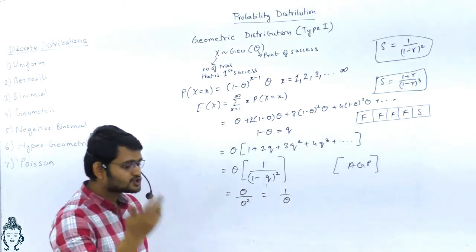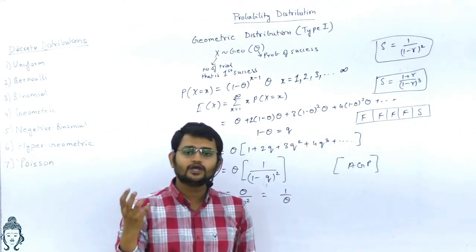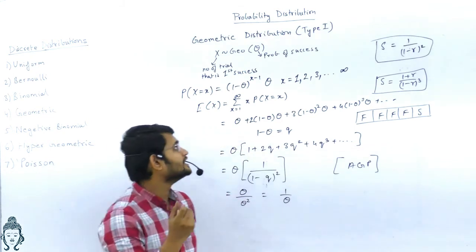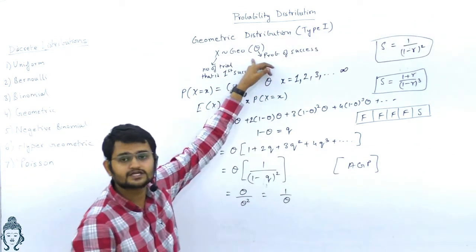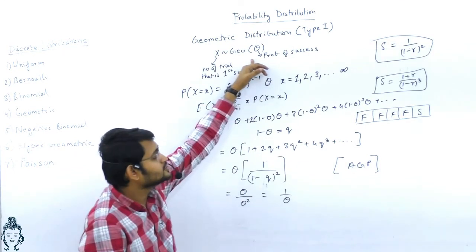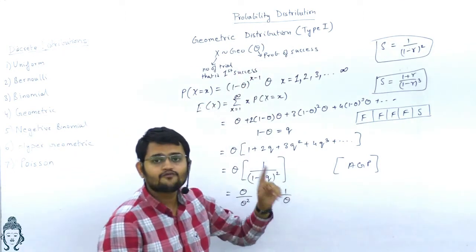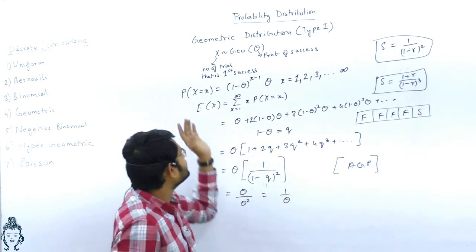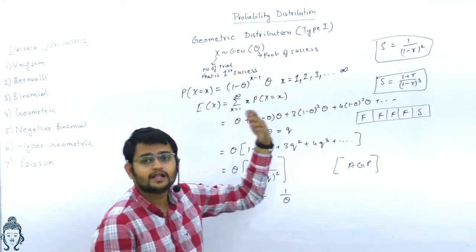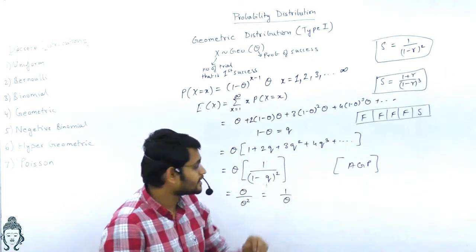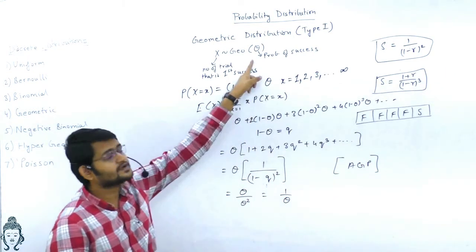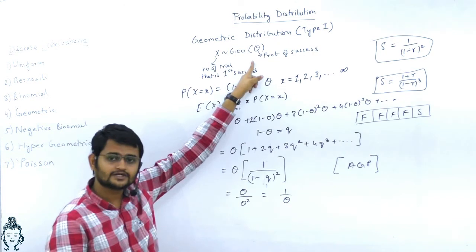This becomes our expected value of the geometric distribution, that is 1 by theta. Now just use logic. If the probability of getting a success is very small, then the expected number of trials until I sell my first sale, if theta is very small, has to be very large.